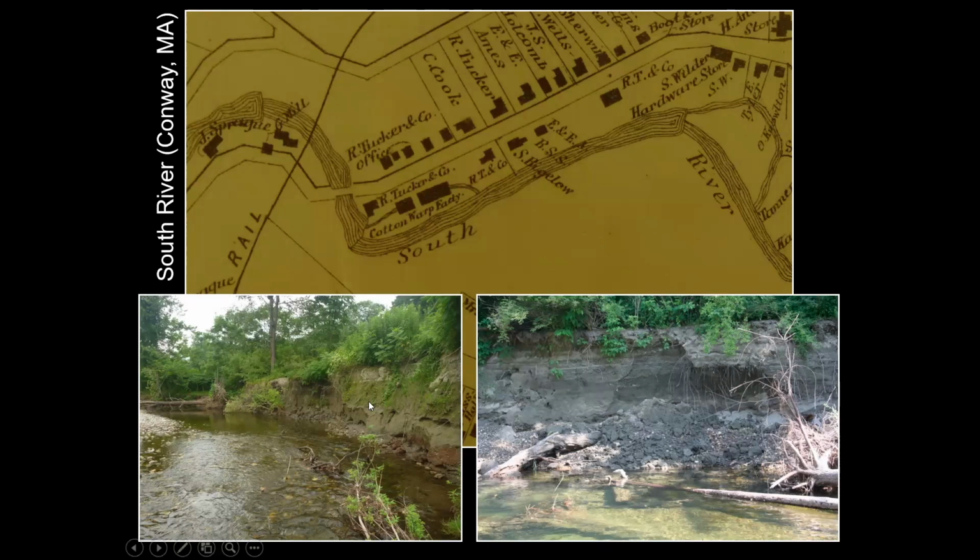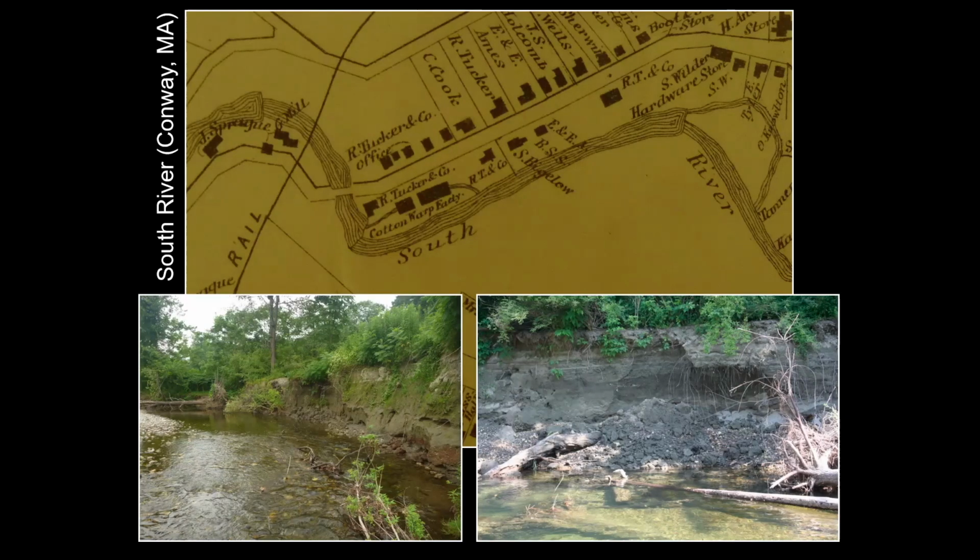Now, there's no infrastructure buried across the river that I'm aware of that's threatened by this incision, but all of this fine-grained impoundment sediment is moving downstream towards the impaired Connecticut River, and so there are potential issues with this erosion.